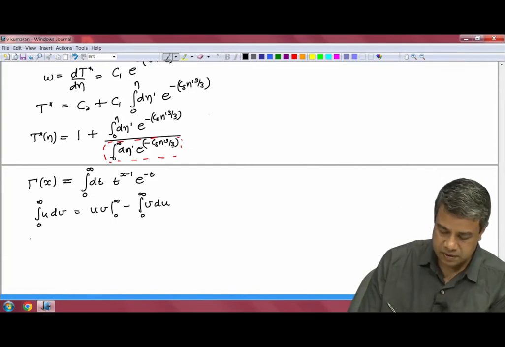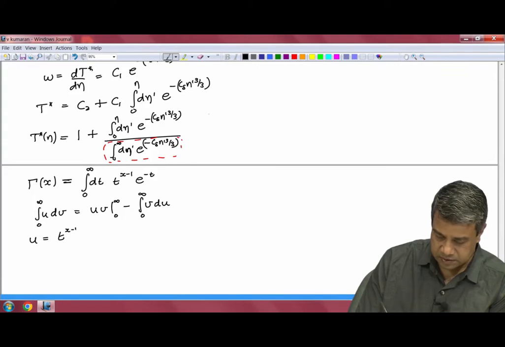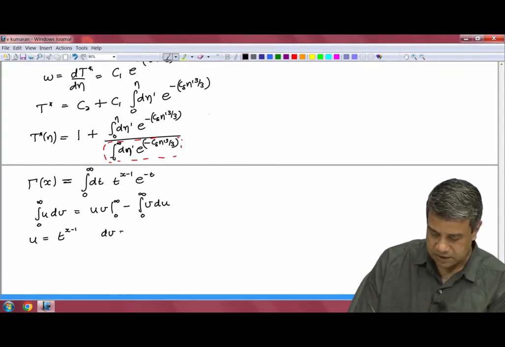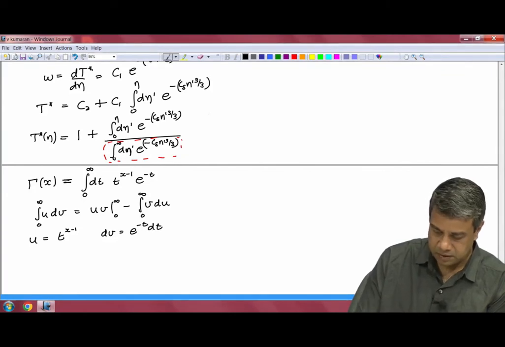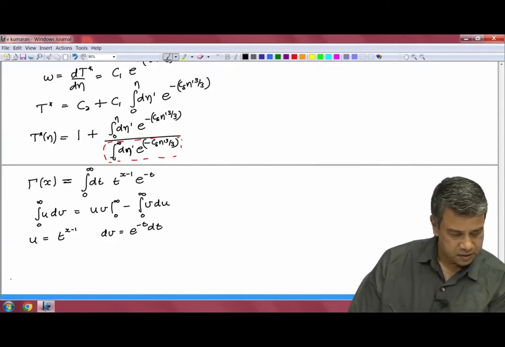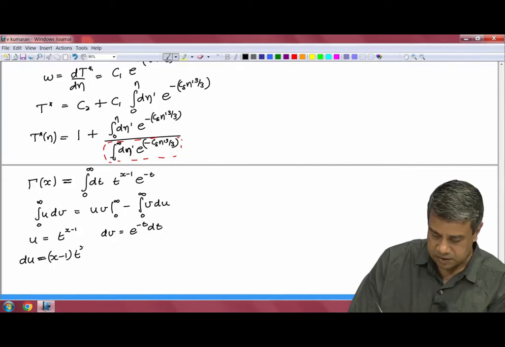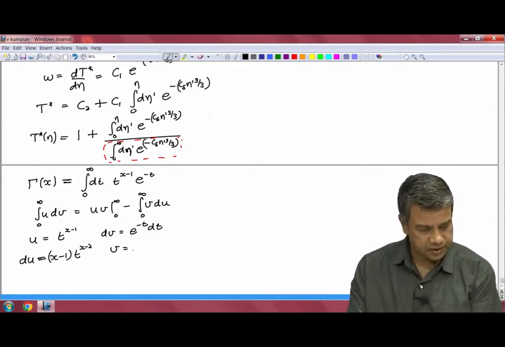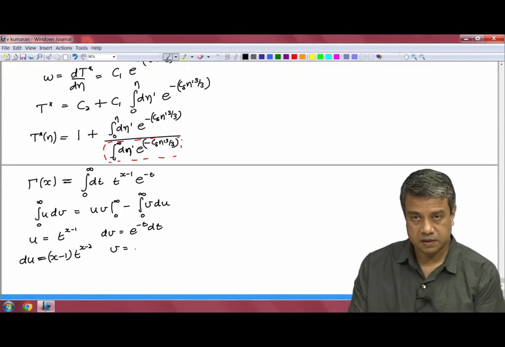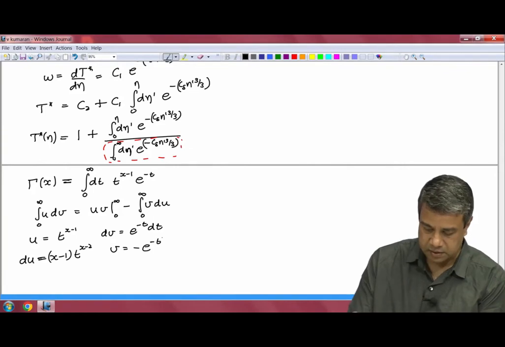In this I will substitute u is equal to t power x minus 1, and dv is equal to e power minus t dt. du will be equal to x minus 1 t power x minus 2 dt, and v is equal to the integral of e power minus t, which is minus e power minus t.